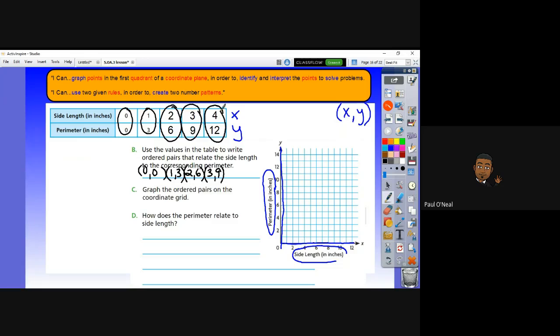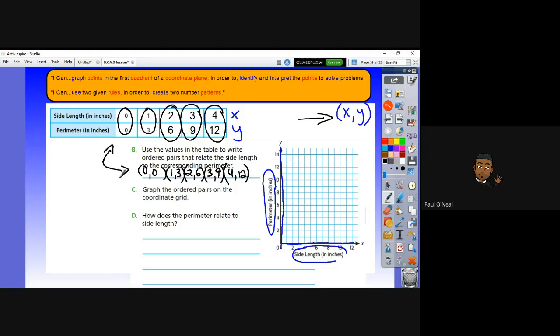And finally, we have 4 for x, 12 for y. Now, I know for a fact that my answers are correct. Why? Because I created an ordered pair of what it should look like here, and then I'm able to take these numbers from the chart up here and put them here. Okay? All right, cool. So now we have the ordered pairs. So we have done B.